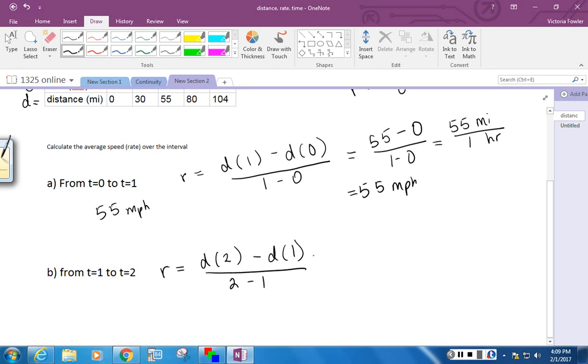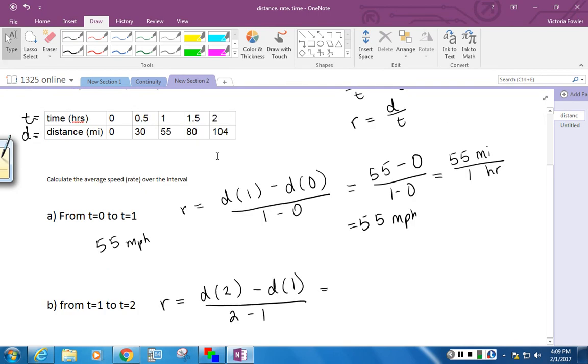So it looks like from up here, I traveled 104 miles after 2 hours, where I started in this portion at t equals 1, I had gone 55 miles. And I would divide that by my units of time.